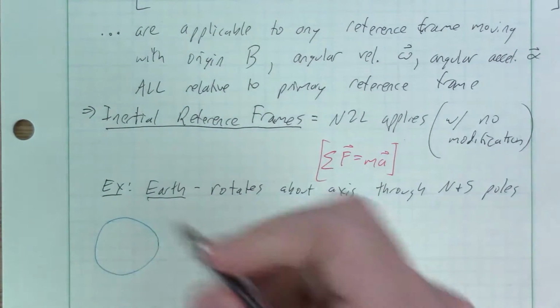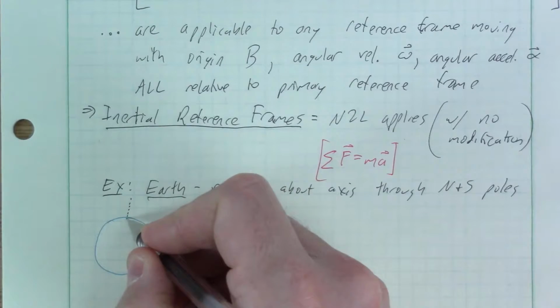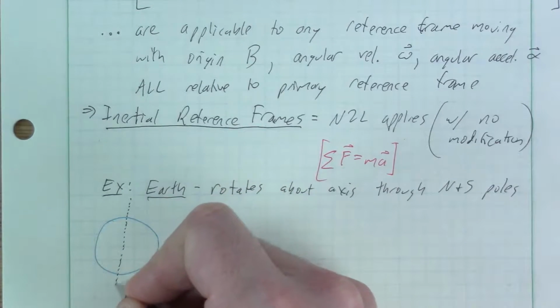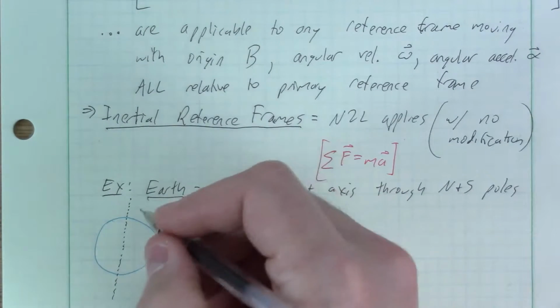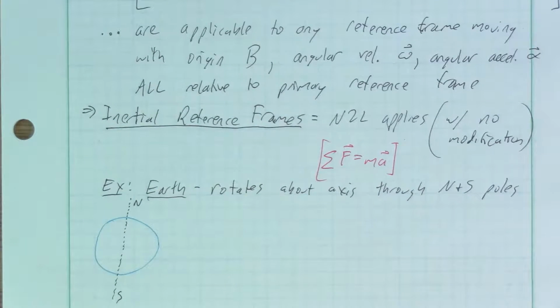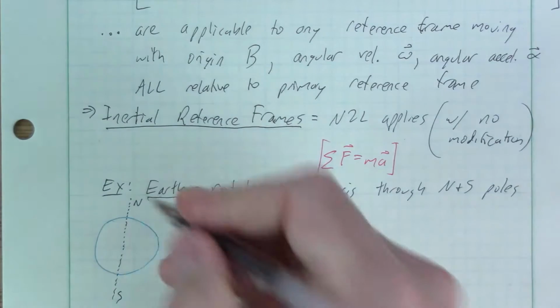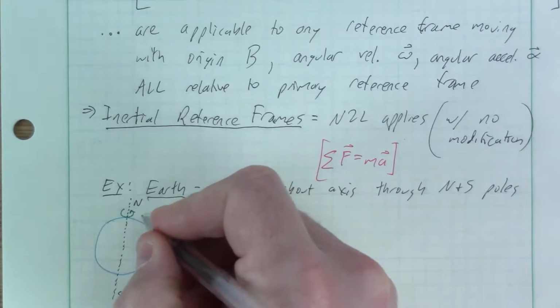But right down through the middle, and it's actually a little bit tilted, would be the axis, but you know, whatever. We'll do the best we can there. North-south. And it rotates, right? About that axis.